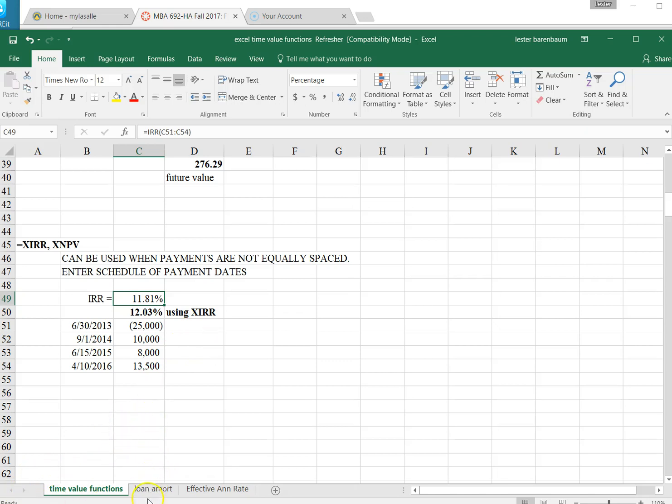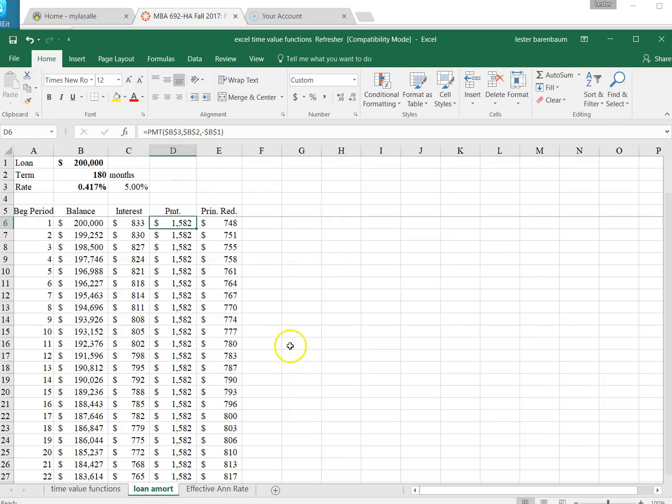As a review of time value, the second tab amortizes a loan, where amortization means, as you know, taking the loan payment of $1,582 in this example and breaking it up into interest and principal reduction.